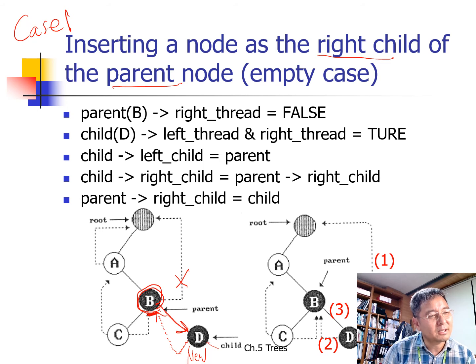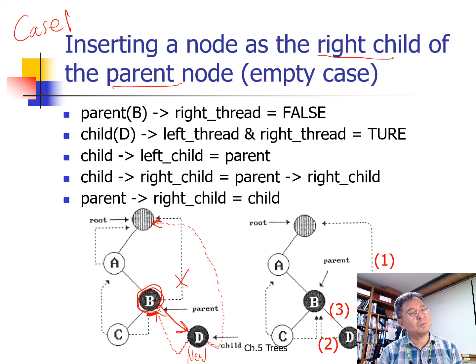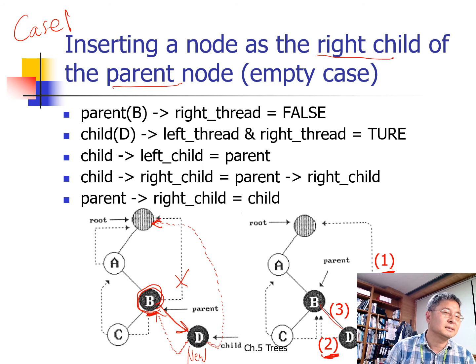And the right child of D is the header node, because this is the last one, so it will go back to the header node. Right child adjustment is the first step, left child adjustment is the second step, and then it is connected.